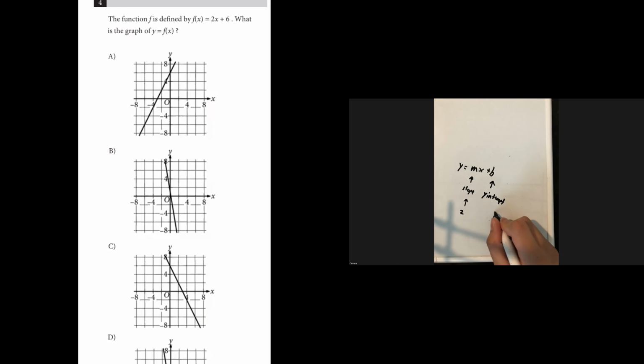And the y-intercept for this is 6. And so based on that information, we can see that for graph A, we have a slope of 2, and we have a y-intercept of 6. So the answer choice would be A.